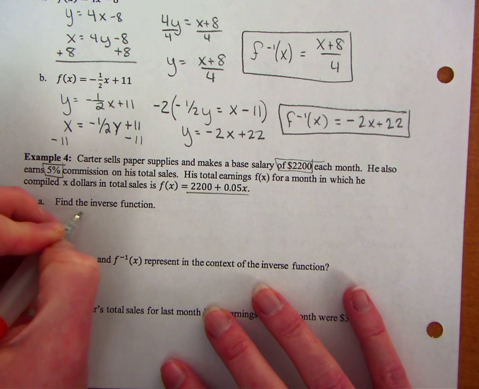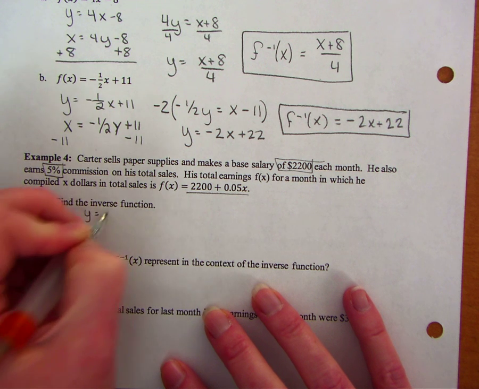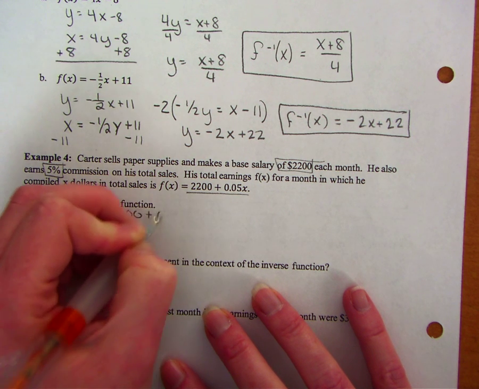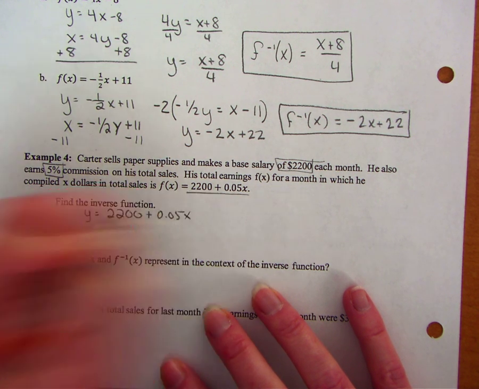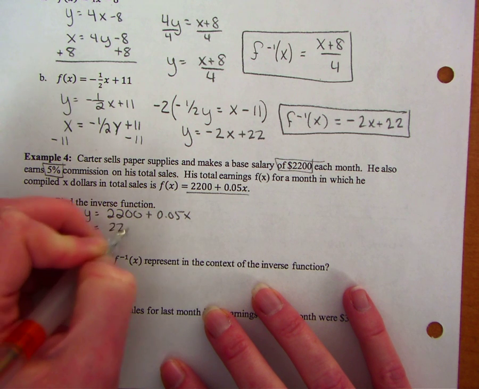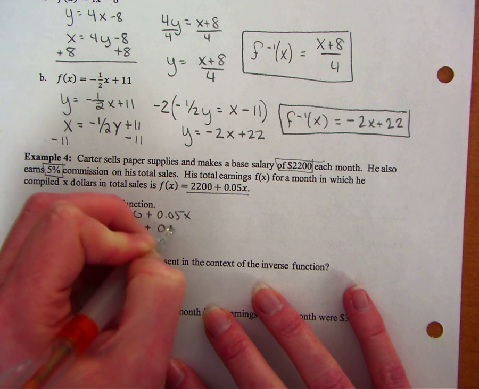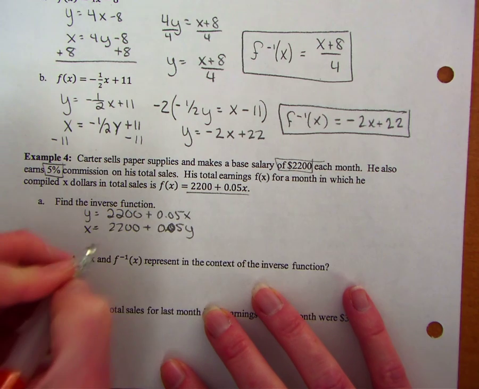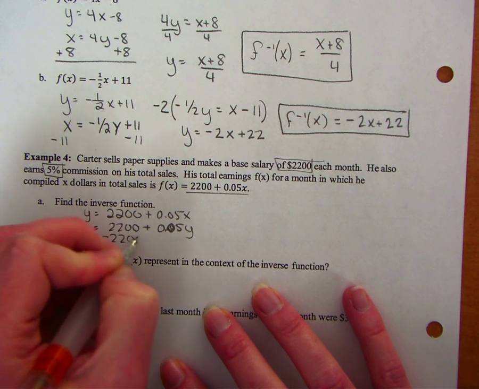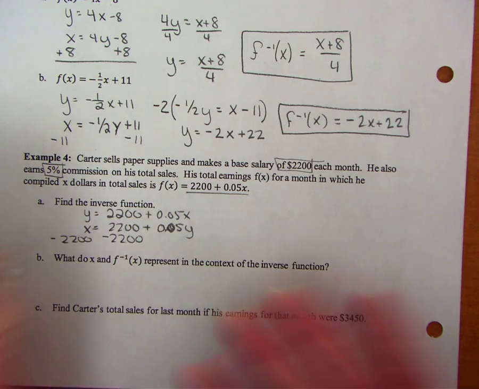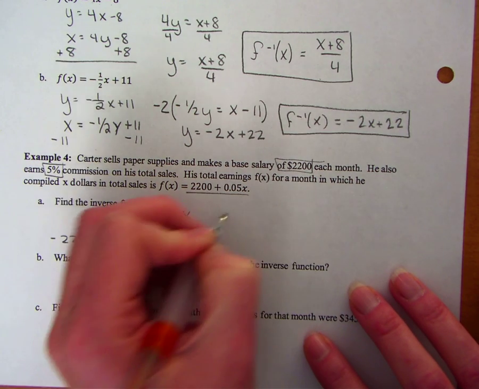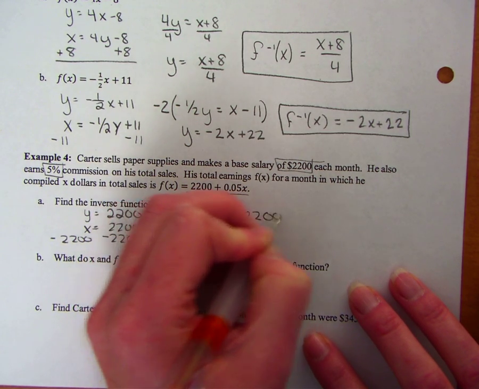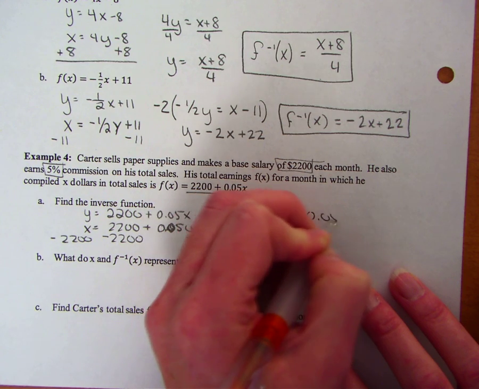So again, we're going to switch x and y. So y equals 2,200 plus 0.05x. We're going to switch: x equals 2,200 plus 0.05y. And then to solve for y, we're going to subtract the 2,200. x minus 2,200 equals 0.05y.